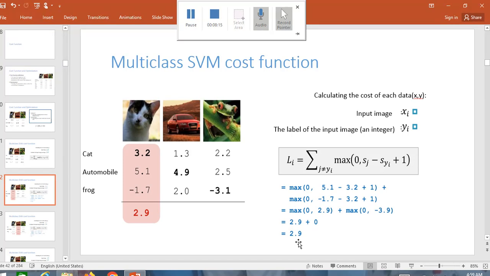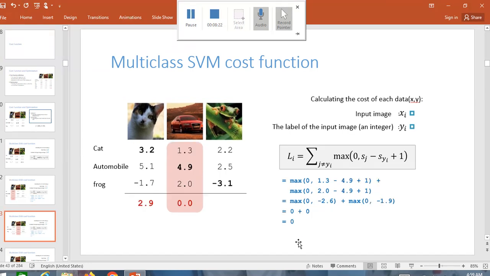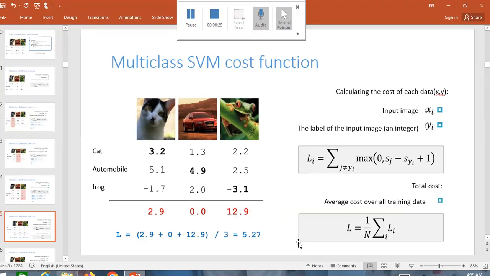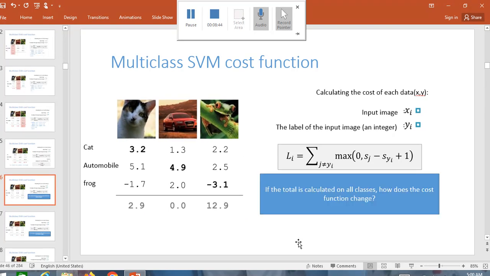So it will not make any difference, and the minimum point will not change. If we use the average instead of the sum, the minimum value will change and will be equal to the current minimum value divided by the number of classes, but the optimal point will not change. Now if we use the square of this relationship, the minimum point may also change. We do this in some cases.